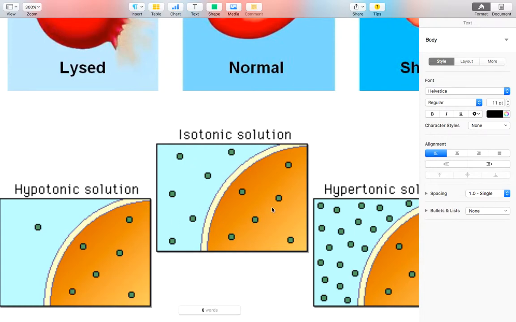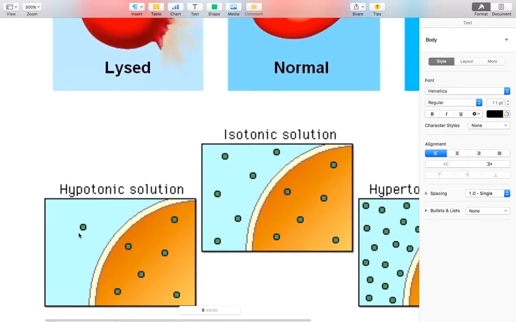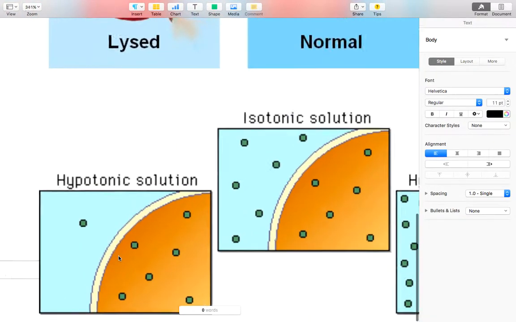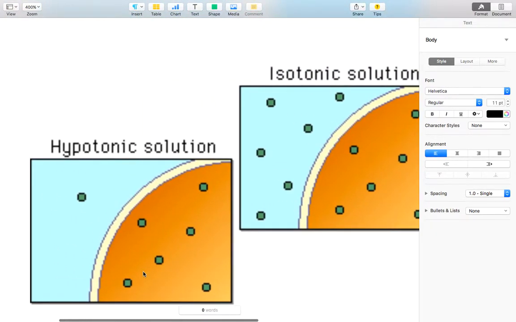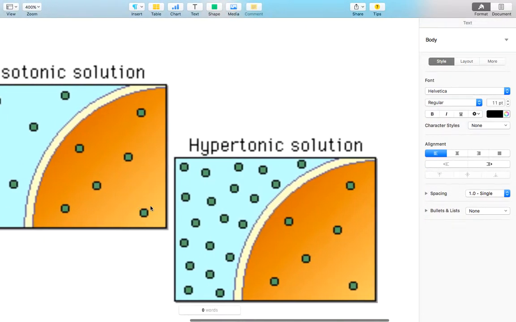In isotonic, there's the same amount of particles inside and outside. Here in hypotonic, mostly the water molecules are going inside of the cell, and there's only one outside. If you move to hypertonic, mostly they are outside. As you see, they're strewn across that open field outside, and fewer are inside, causing the little red blood cell to shrivel.